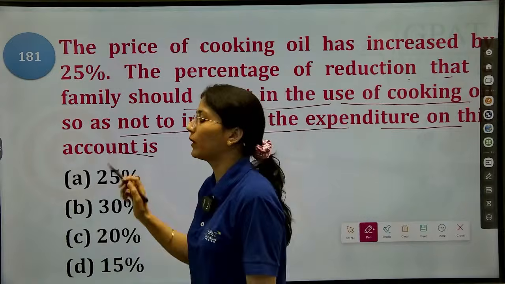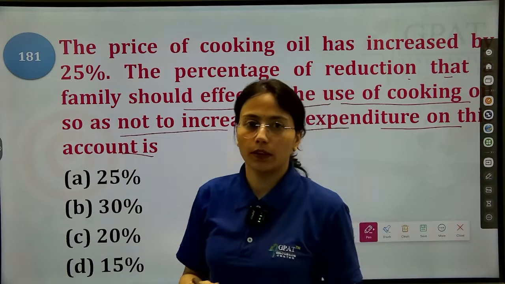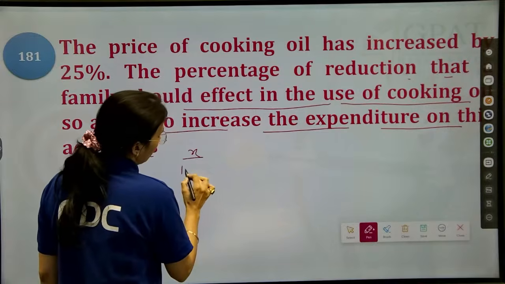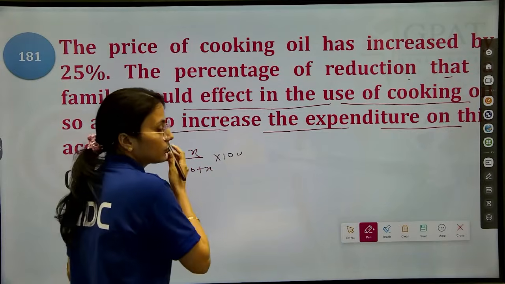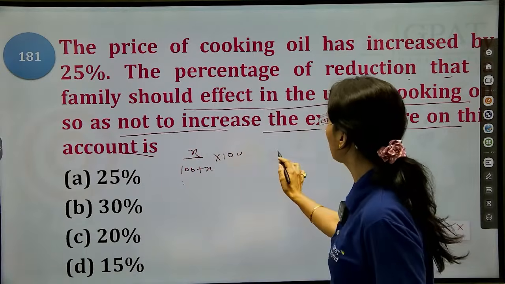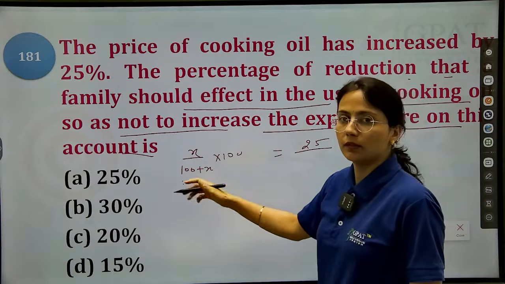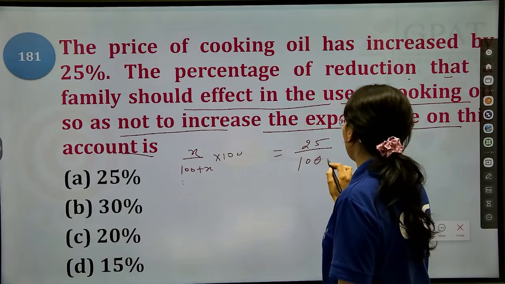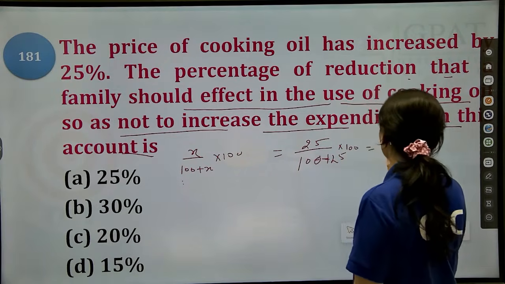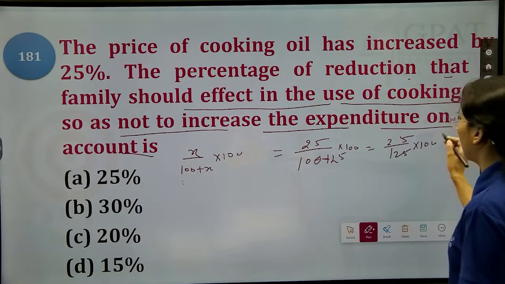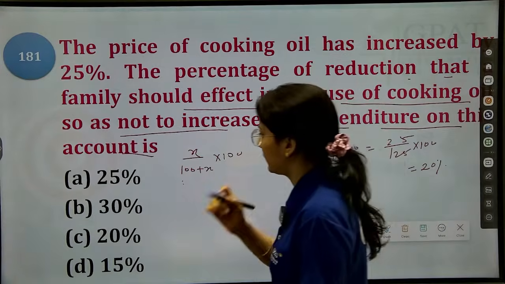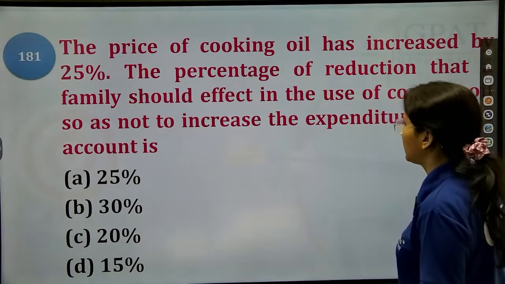If the price increases by x%, we can directly use the formula: x upon 100 plus x, multiplied by 100. Here the increase is 25, so it is 25 upon 125 multiplied by 100, which is 20%. So option C is correct.